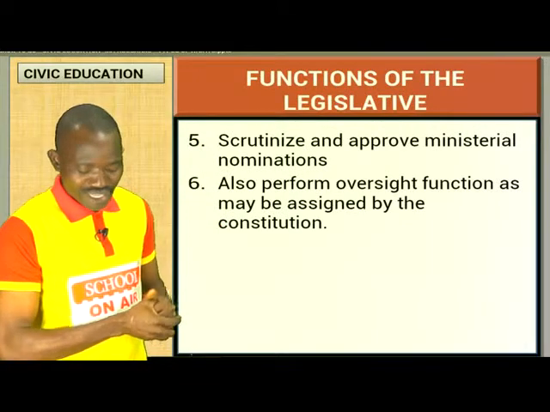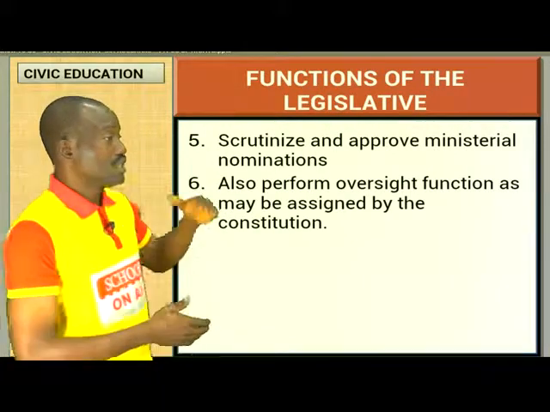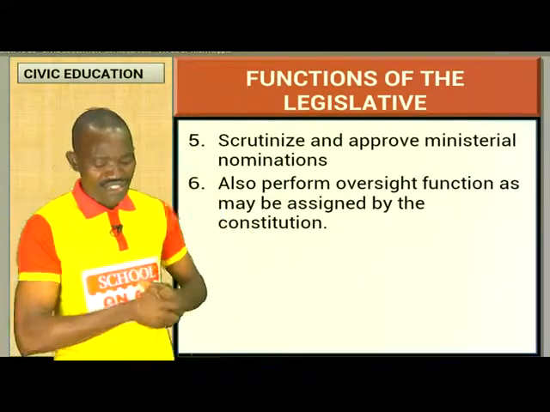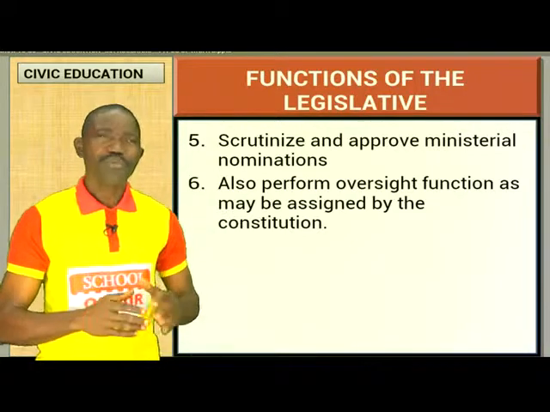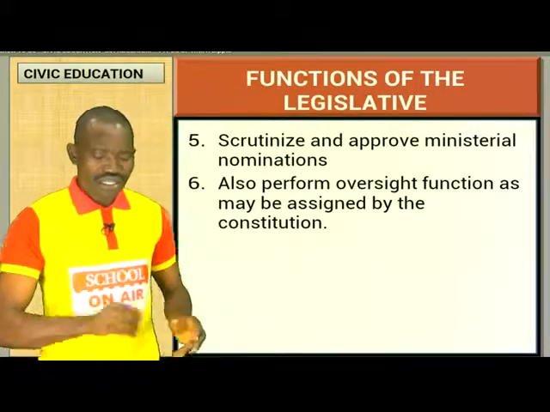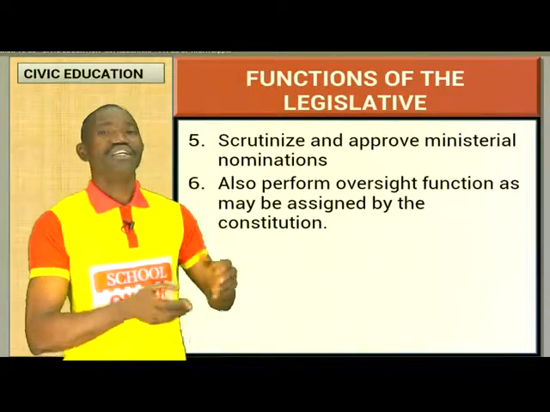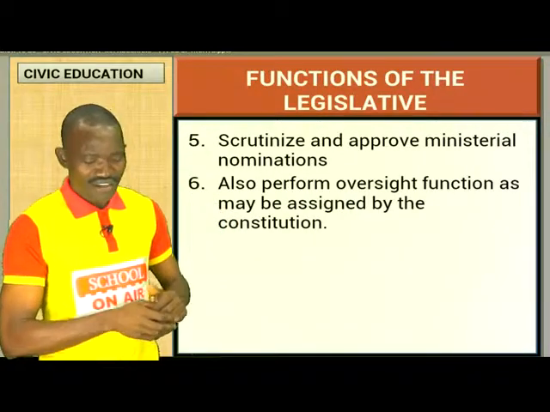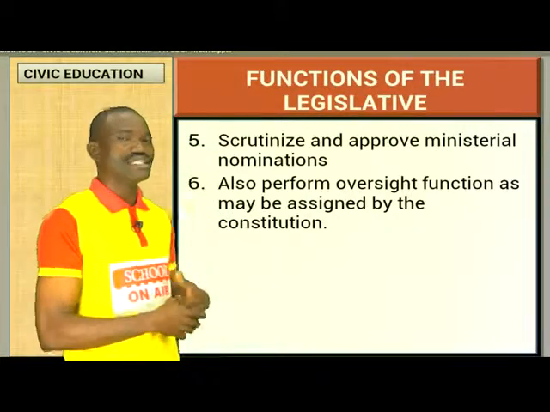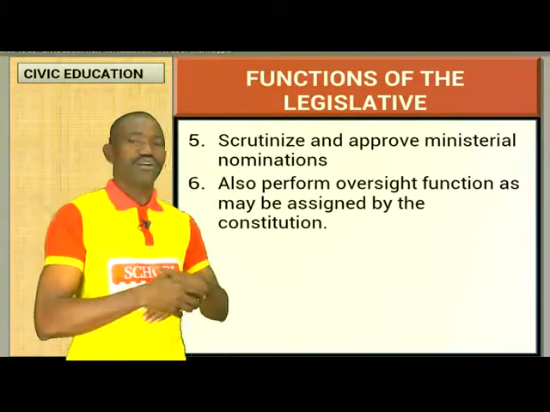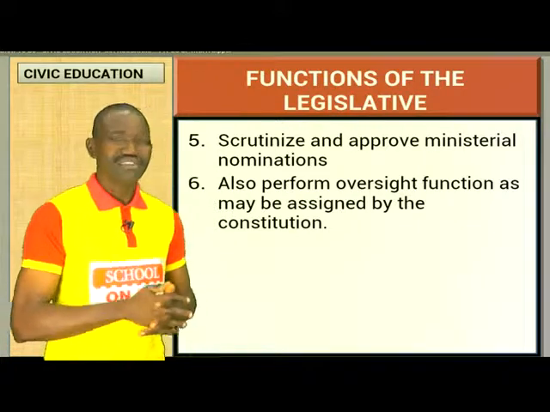Number five, they scrutinize and approve ministerial nominees. At the federal level, it is the duty of the legislature to approve or disapprove ministerial nominees. The executive, represented by the president, will present to the legislators a list of nominees for ministerial positions, while the legislature on the floor will study it, invite the people concerned, question them, and if they are qualified, approve their nomination.